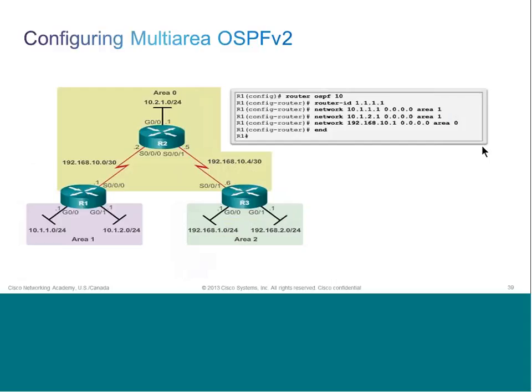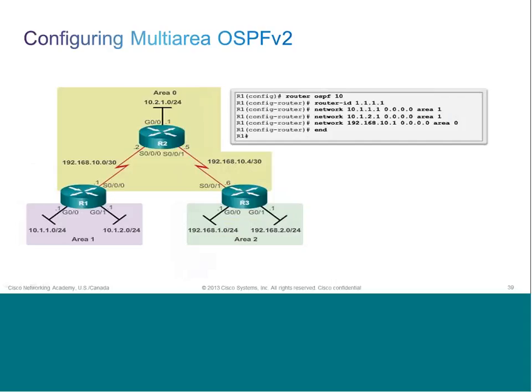This is a sample configuration of multi-area OSPF version 2. In this example, router 1 is an area border router because it has two interfaces in area 1 and an interface in area 0. Router 2 is an internal backbone router because all of its interfaces are in area 0.